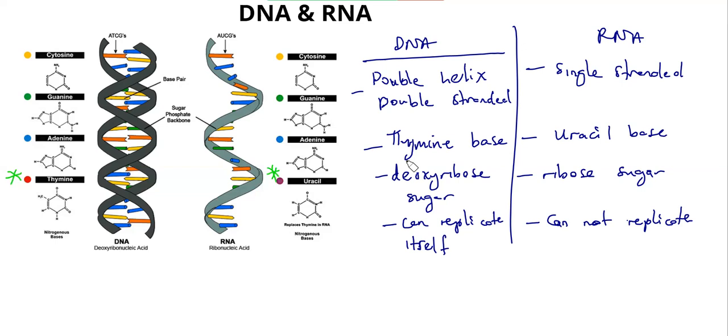When you see thymine, you know that you're dealing with DNA. On the sugar, unless it's stated, you can't see that. If the nucleotide is a ribose, the sugar is deoxyribose or ribose sugar. But what you can quickly see is the presence of thymine or uracil, double strand or single strand.